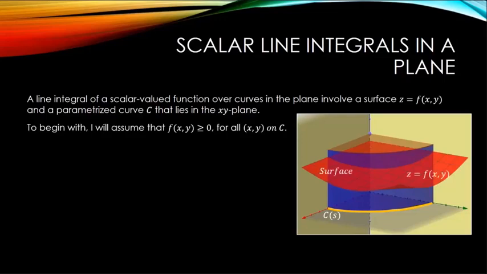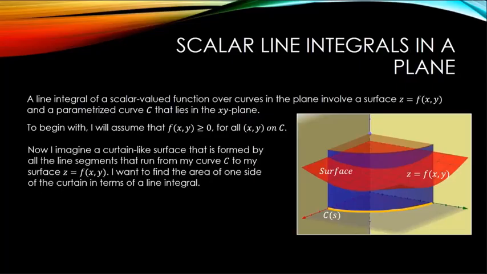There is the surface that I've mapped that is defined by z equal to f(x,y). So imagine that I can create a curtain-like surface that is formed of all the line segments that run from my curve C in the xy plane to intersect with the surface z equal to f(x,y). And I want to find the area of one side of the curtain in terms of a line integral.